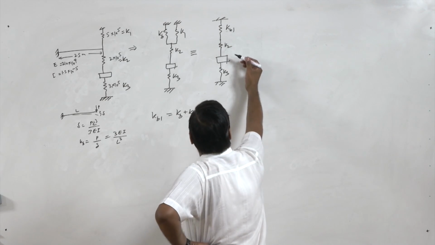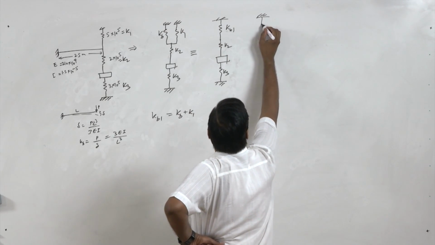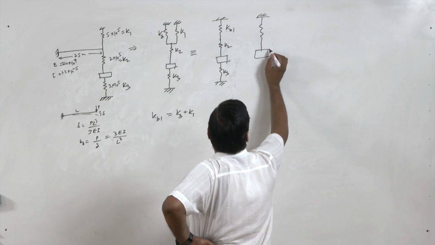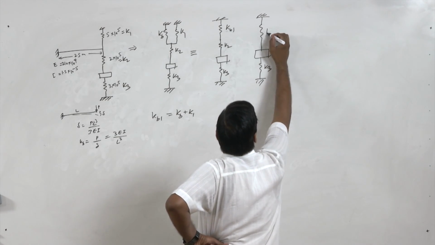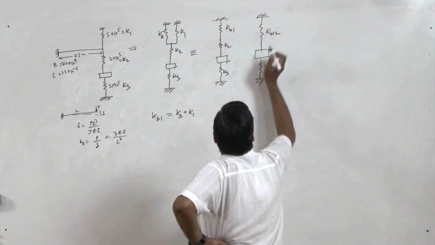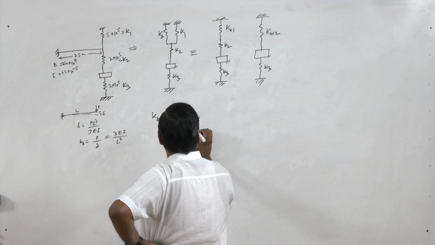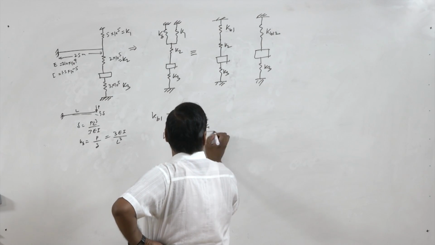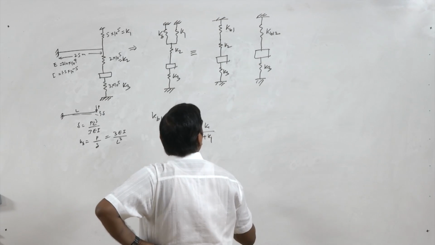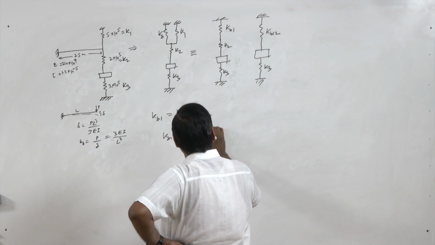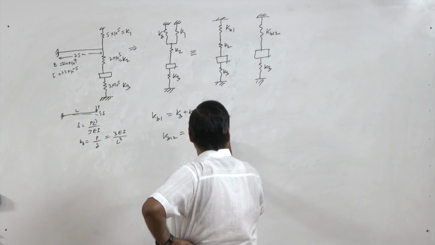Now these are in series, so the equivalent of these, this is K3, let us say this is KB12. So KB12 equals KB1 into K2 upon KB1 plus K2.